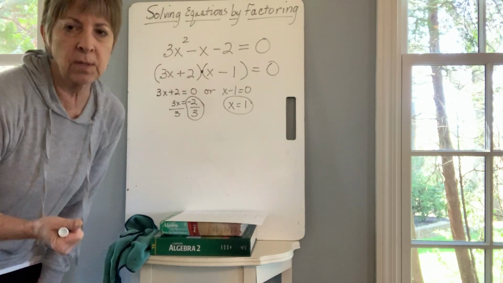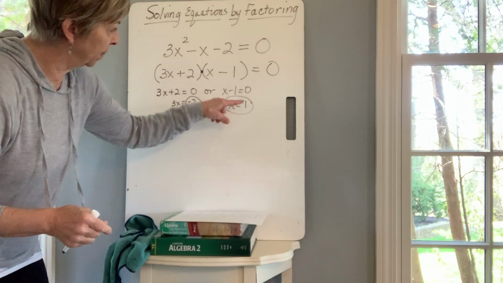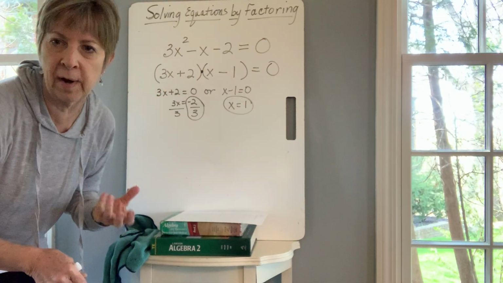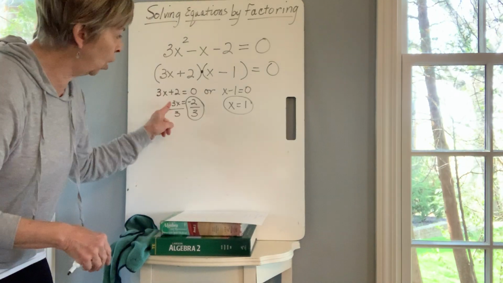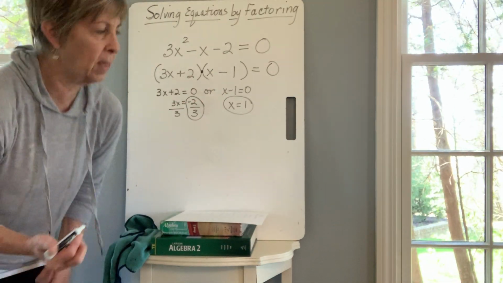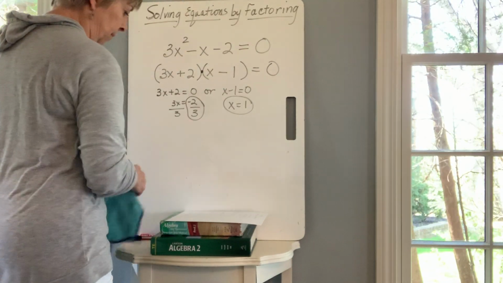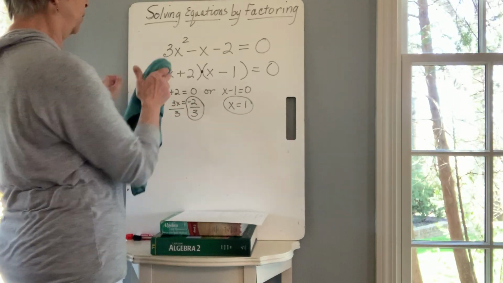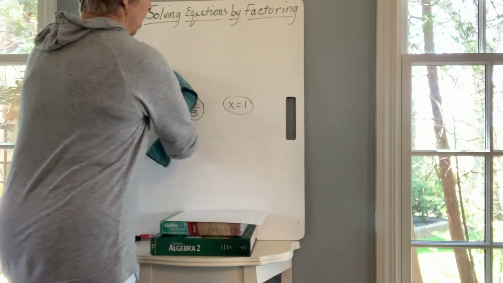Now, some of you are getting really good at doing these little mini equations in your head, and that's fine. You don't need to show me that work if you can do that part in your head. So my solutions to this equation are negative 2/3 or 1.